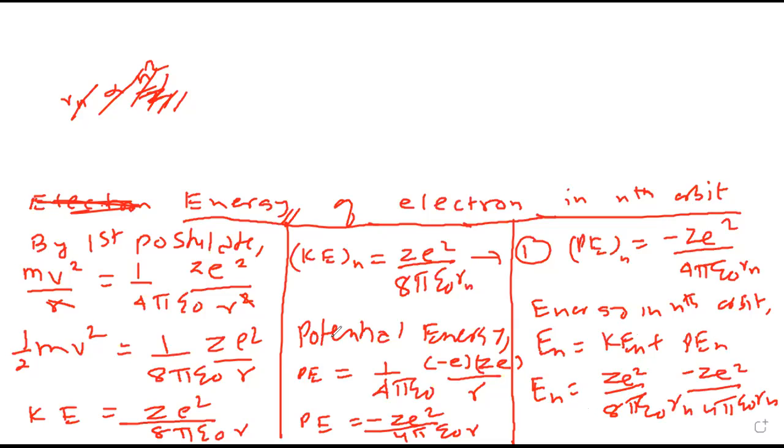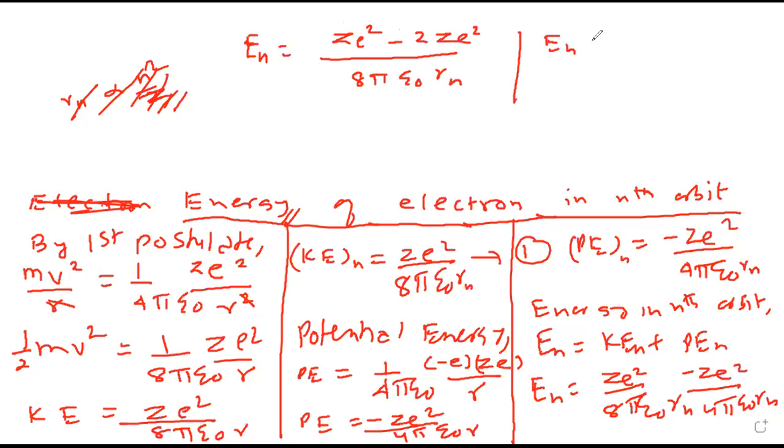What is the LCM of 8 pi epsilon naught and 4 pi epsilon naught Rn? 8 pi epsilon naught Rn. Okay? So z e square minus 2 times z e square. So E in nth orbit is minus of z e square upon 8 pi epsilon naught R in nth orbit. Please copy till this, then I am putting the Rn value. We will get the required answer.